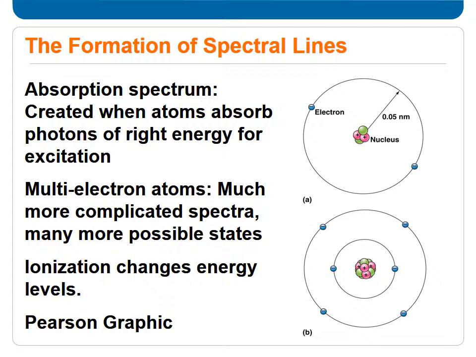Multi-electron atoms are more complicated because there are many more energy level transitions that are allowed. When an atom is ionized, meaning it loses or gains electrons and no longer has a neutral charge, the energy levels shift, but the same transitions are allowed. These are the electronic states of the atom.